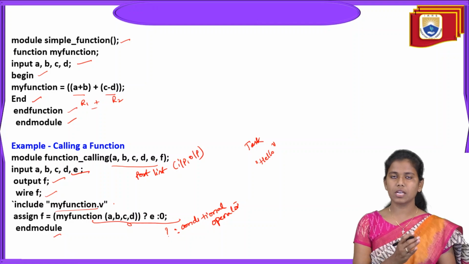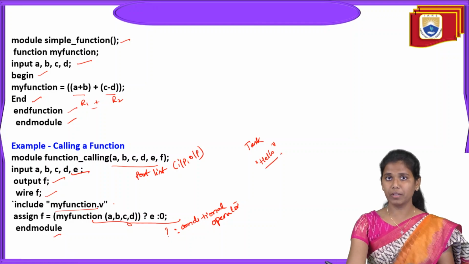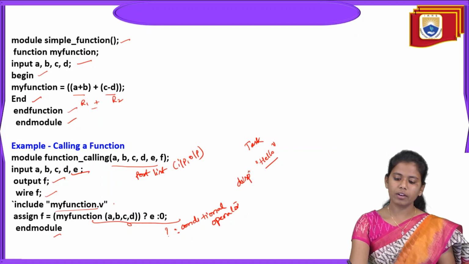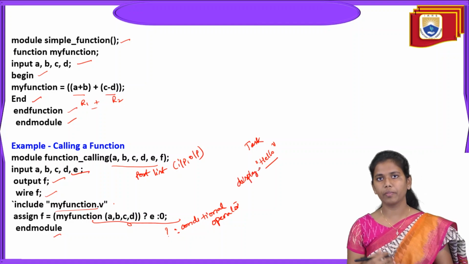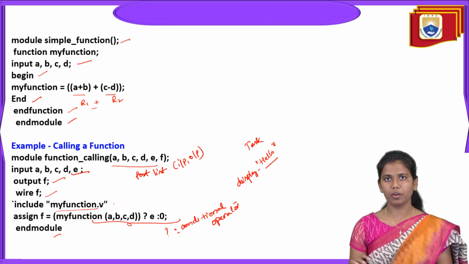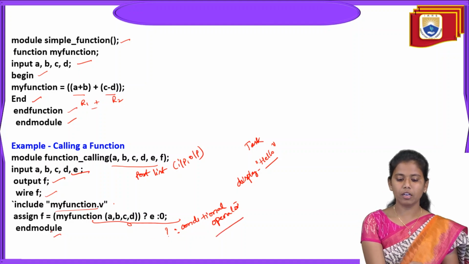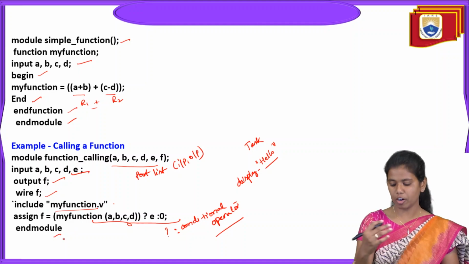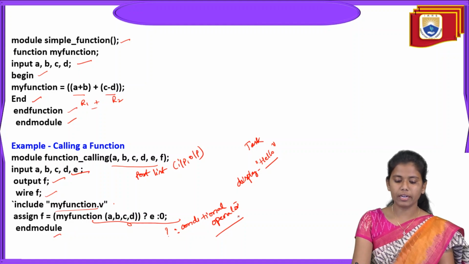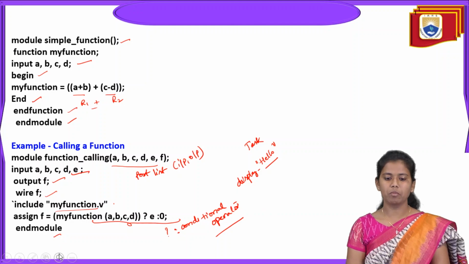Before, in the previous task, we used a simple statement to display hello, then finally endtask, endmodule. But in the function call, the output is assigned by using the conditional operator, and finally endmodule.